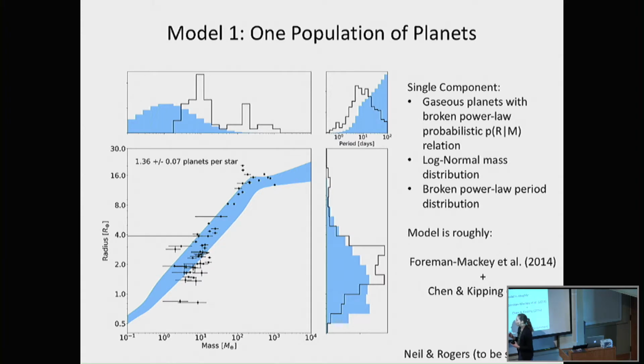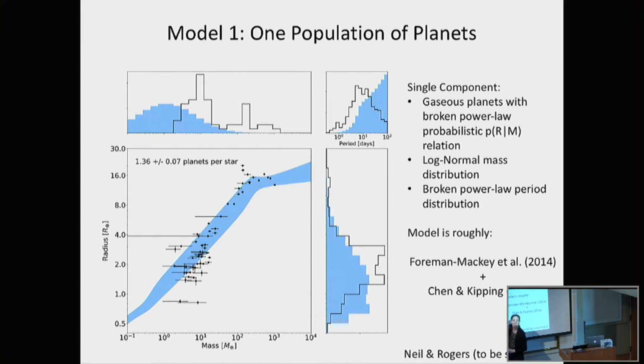In this plot, the black points and histograms represent the raw data. These are the 60-odd planets for which we have radial velocity mass measurements. This is a histogram of planet radius. The black shows the raw distribution of the sample, not corrected for incompleteness, whereas the blue is our retrieved distribution for the underlying population.